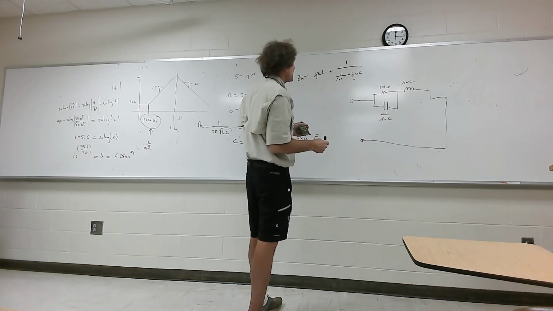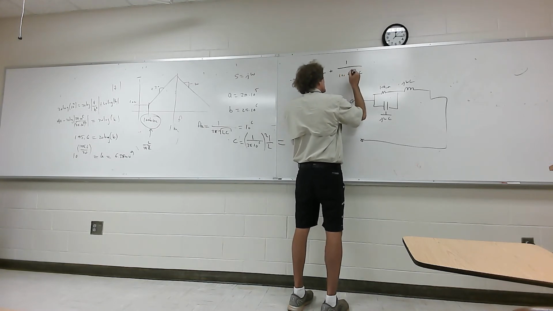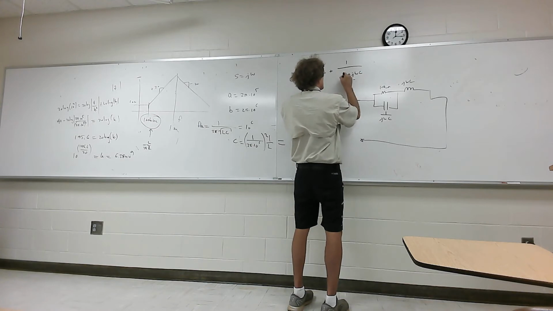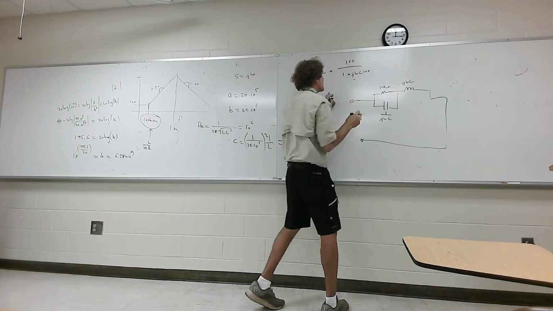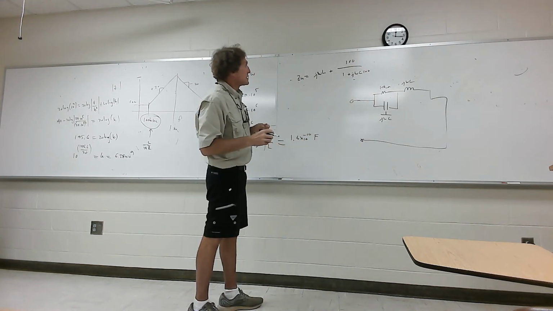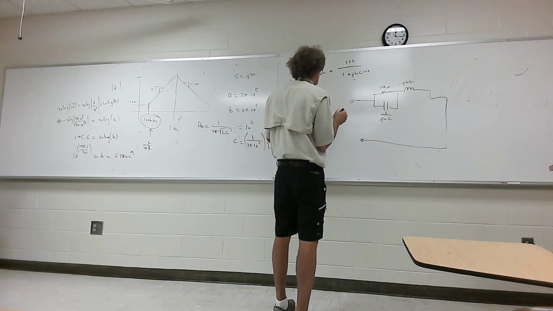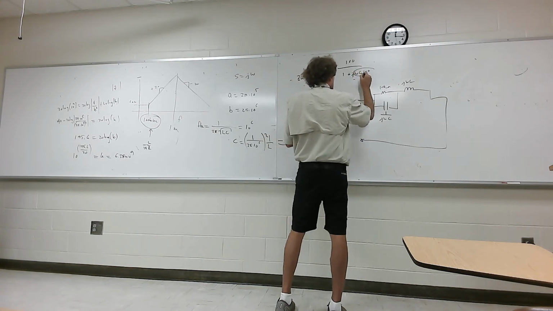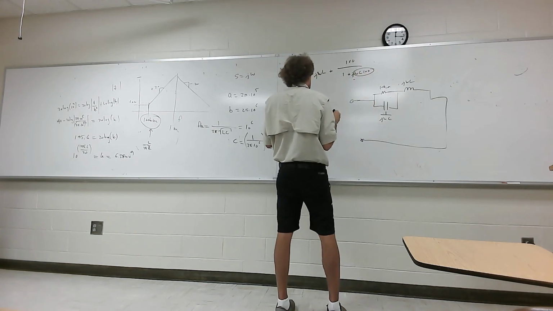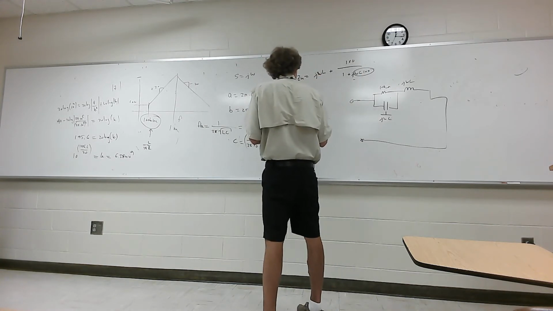When you take that, let's see, I'm going to multiply by 100 top and bottom here. That's going to be 1, and this is going to be times 100, and this is going to be times 100. If I do it that way, this is going to be the pole that actually turns on first, I believe.